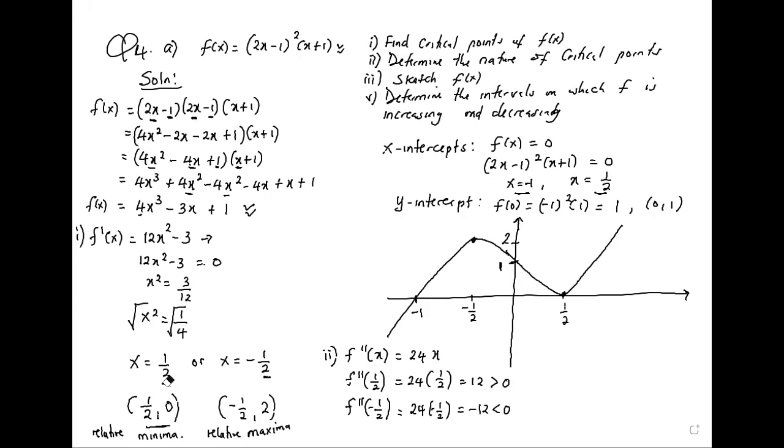You get the x numbers. The x numbers you get, substitute them in the original function to get the y numbers. Then put the x number, comma the y number. Then you have points. These points are called turning points.